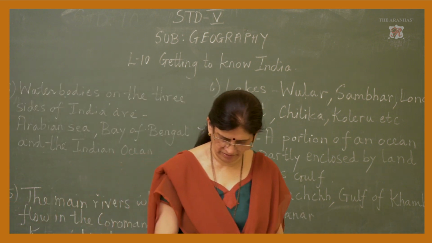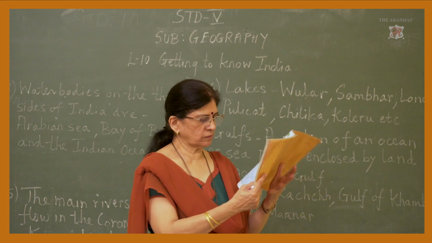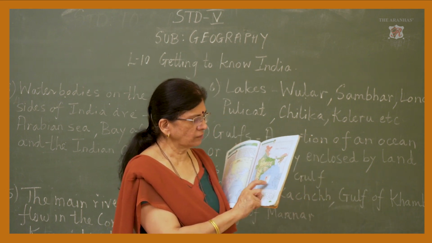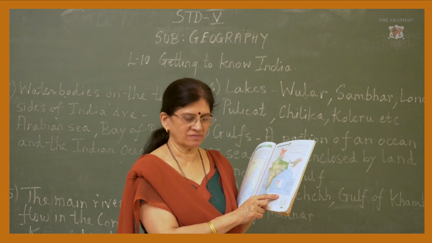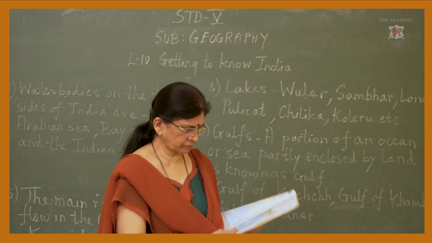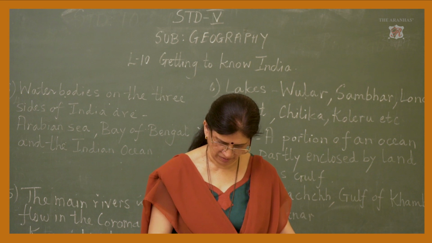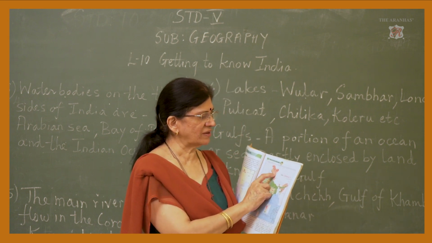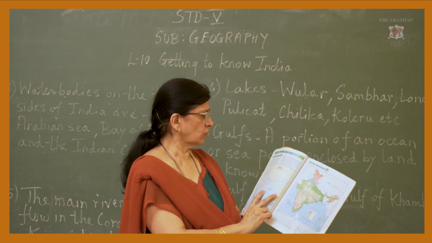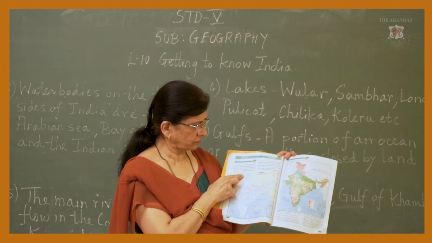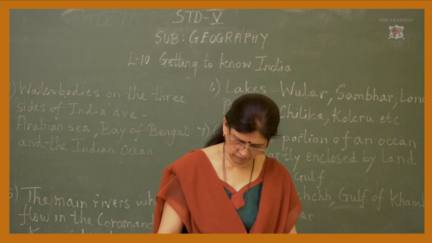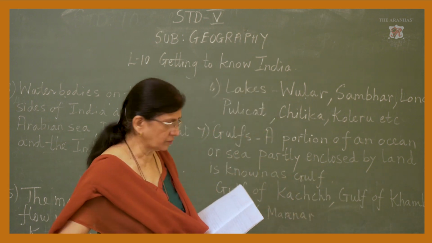Then which are the islands? We have the Lakshadweep Islands in the west and the Andaman and Nicobar Islands in the east. And which river basin is located in the northern plain? The Ganga river basin is located in the northern plain.